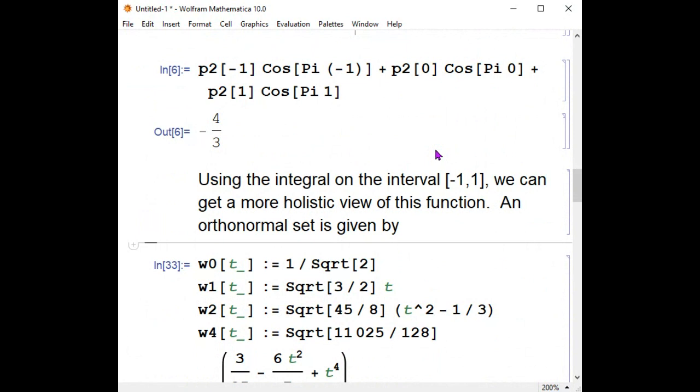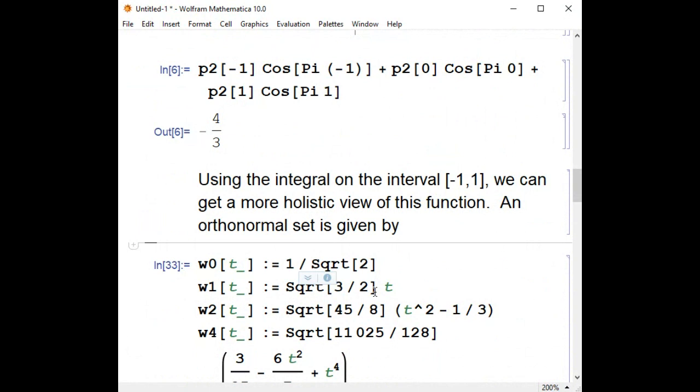The way that I did this was I said, let's start with 1. What's the inner product of 1 with itself? Well, it would be the integral from -1 to 1 of 1 squared dt. That's obviously 2. So I divide by the square root of that in order to normalize. Same thing here.